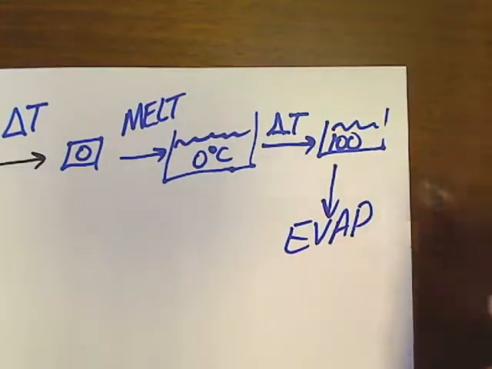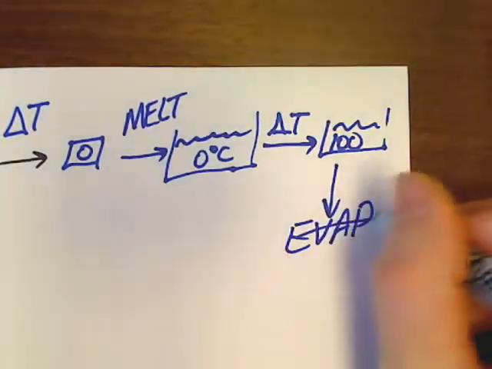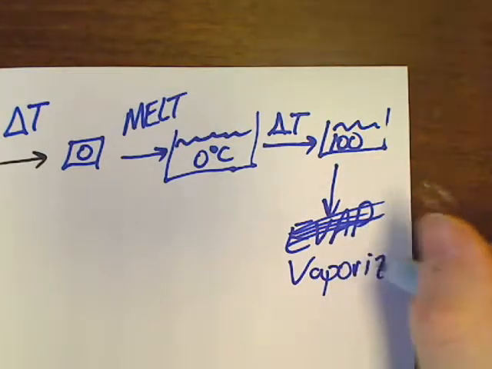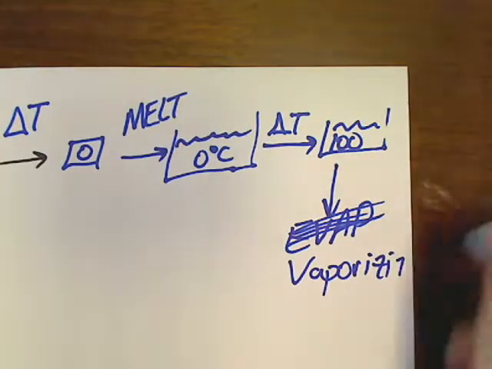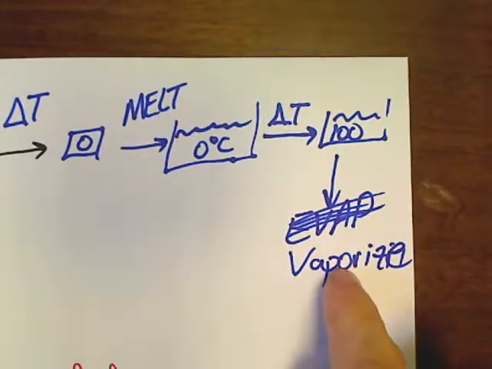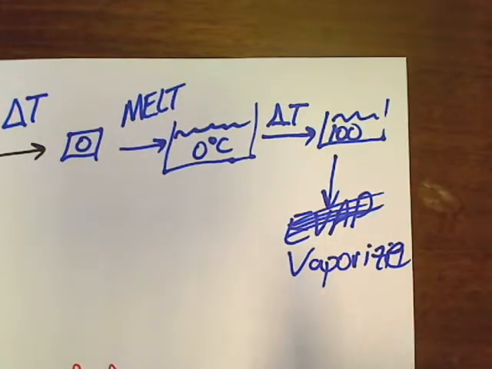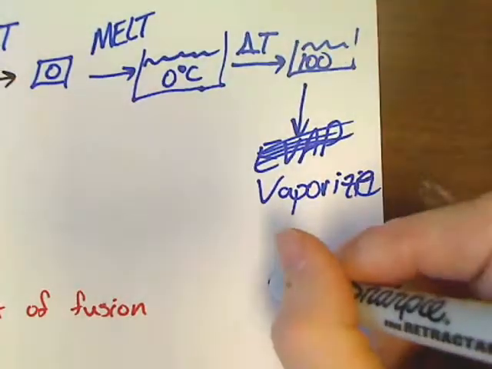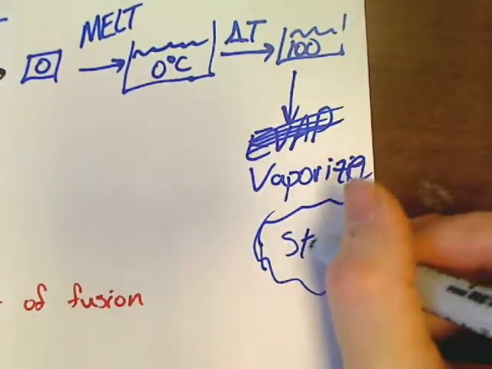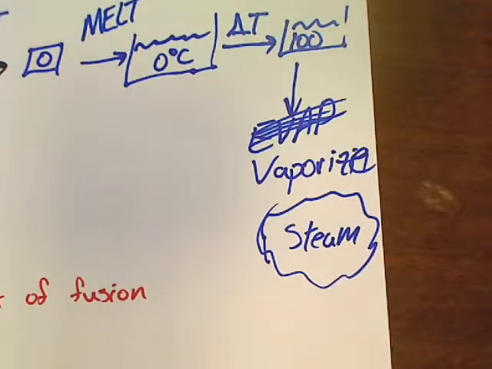Let's not use evaporate, let's say vaporize. That'd be a much better word to use for this. Except for the fact I can't spell vaporize. Anyway, let's say you begin to vaporize the water. And now you're actually turning the water into steam. Draw me a little cloud of steam. So you vaporize the water and turn it into steam.